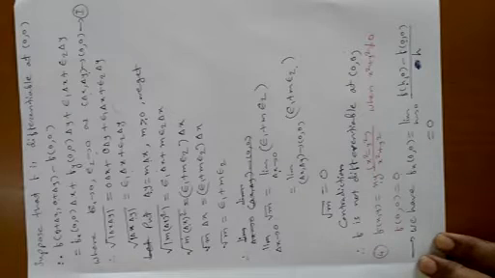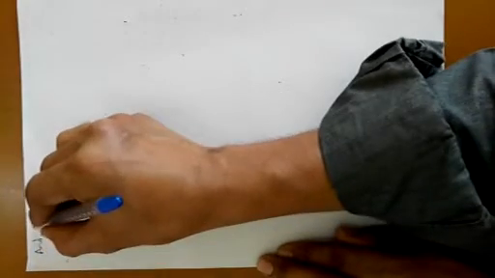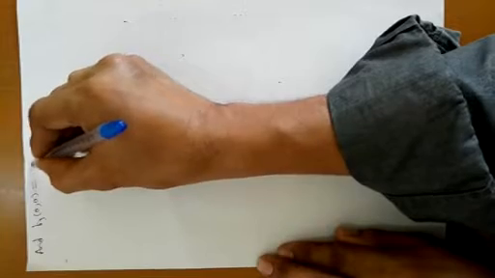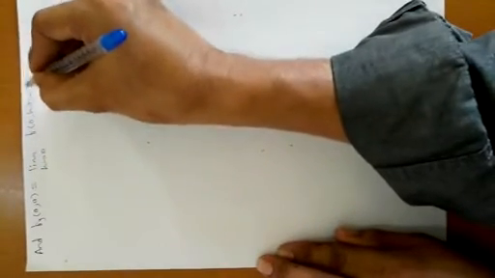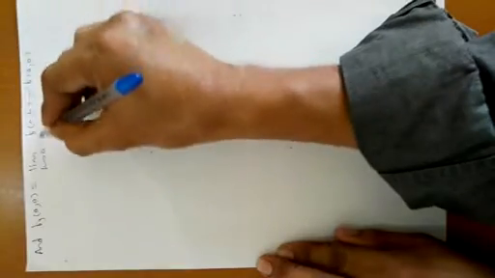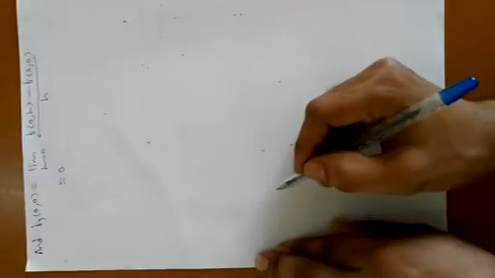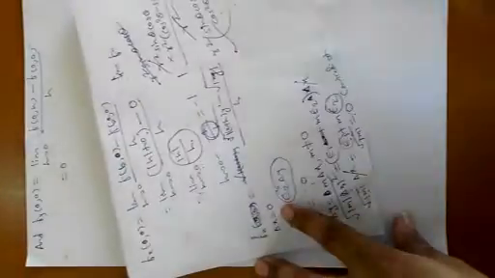Next we will find fy at 0 0, which is equal to limit of f of 0 h minus f of 0 0 upon h. This is 0, this is 0, so fy will be again 0. Again both exist, so we cannot use the necessary condition for differentiability, so we have to use the definition of differentiability.